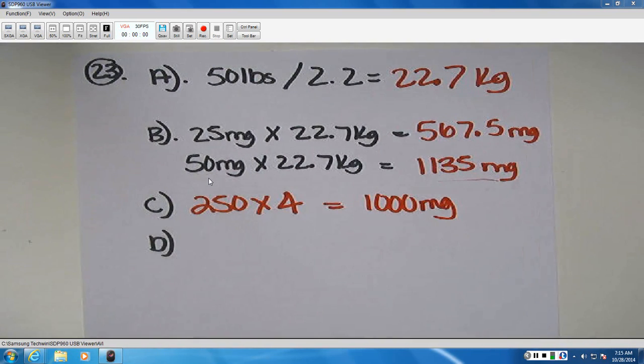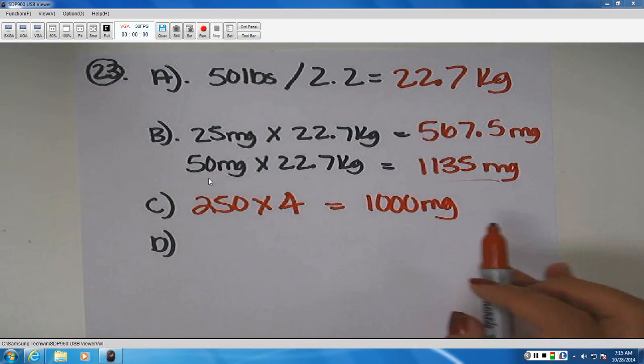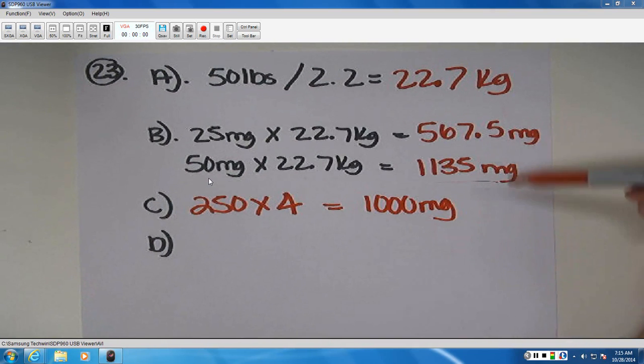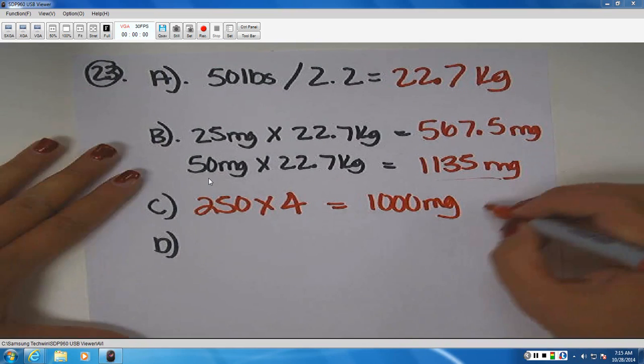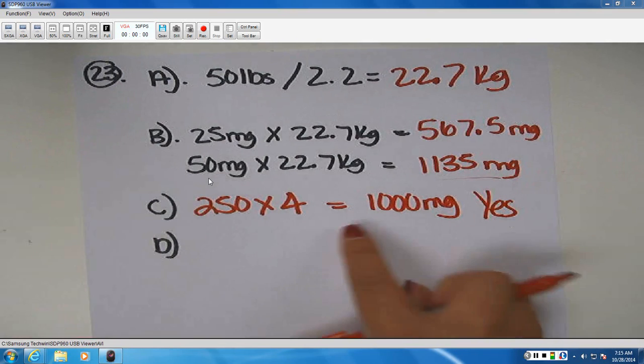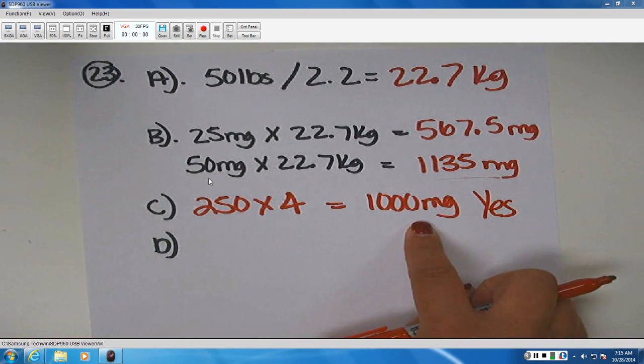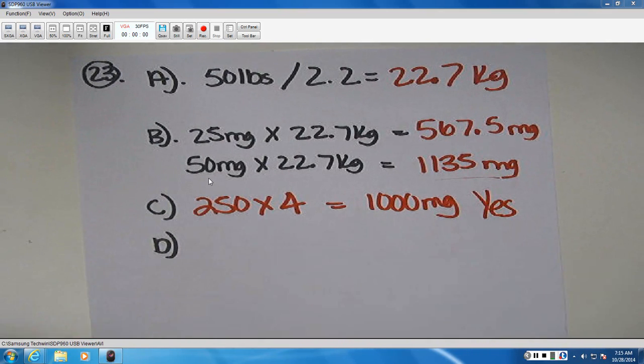If we give this child 250 milligrams 4 times a day, they're going to have a total in a 24-hour period of 1,000 milligrams. And we know that's safe because that's within our range. So the answer to C is yes. It is safe because we are going to be giving a total of 1,000 milligrams.